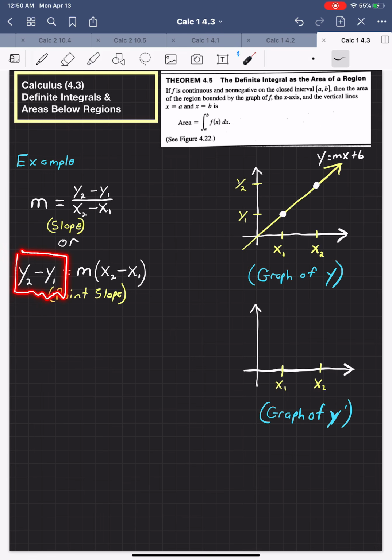What if I told you that you can think about y sub 2 minus y sub 1, okay, as the area under a curve? What if I told you that they are indeed the same? Well, what do I mean by that statement? So let's just assume, so what I've drawn here, some graph of some linear equation y, right?